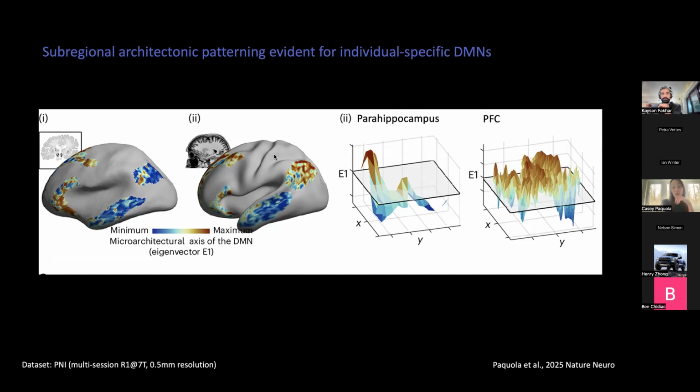But in doing so, we could essentially replicate what we found in histology, where you have different types of subregional patterning within the default mode, either this gradient within parahippocampus, for example, or interdigitation within the prefrontal cortex. And we specifically tested this using individual specific default mode networks, rather than just applying an atlas.